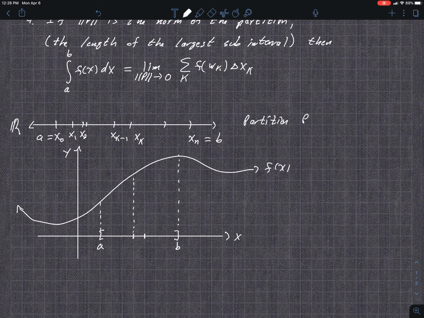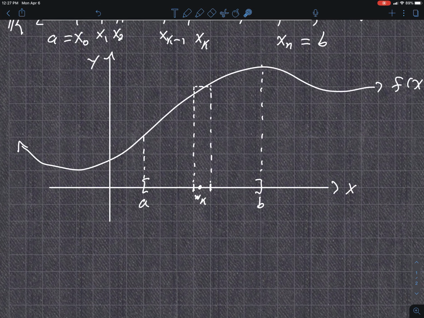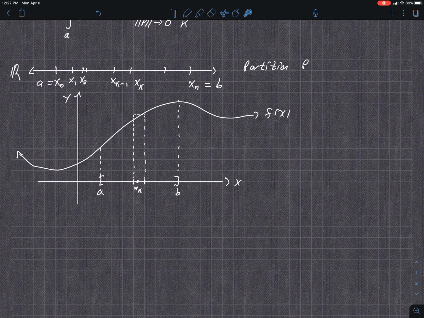This is your kth interval, and you get this rectangular piece right here. Your w sub k is anywhere inside that interval. This would be x sub k minus 1 to x sub k, and the length is that piece right there, times the height, which is your f of w sub k. That's how we defined it and how we added everything up to get your Riemann sum.